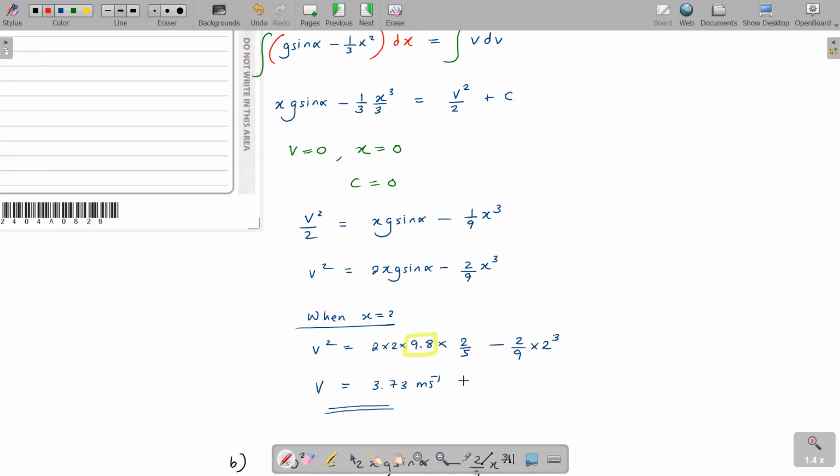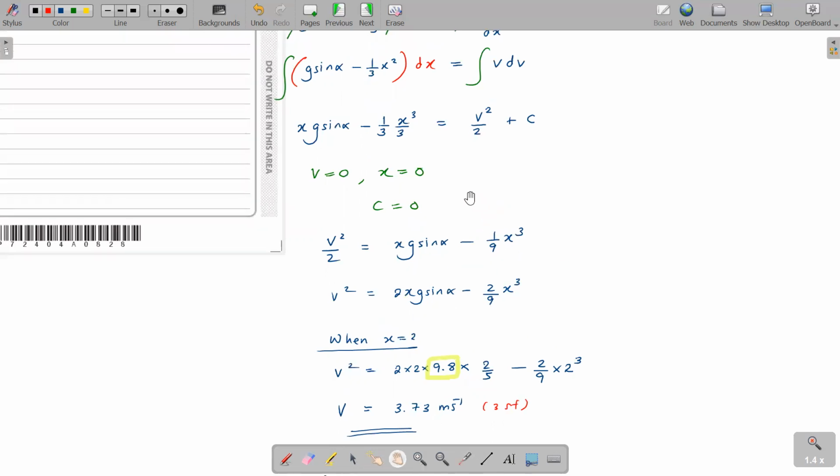And you can get your answer, and make sure you give it to 3SF or 2SF whenever you use the g value as 9.8. Make sure that you do not exceed the significance. I think you know this from M1 and M2. So either 3SF or 2SF, if you give the g value, you should not keep an exact answer. I think this is something that you're familiar with. All right, so that's the answer for part A.